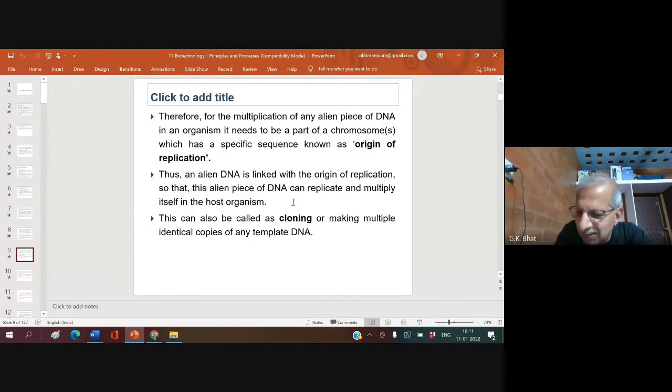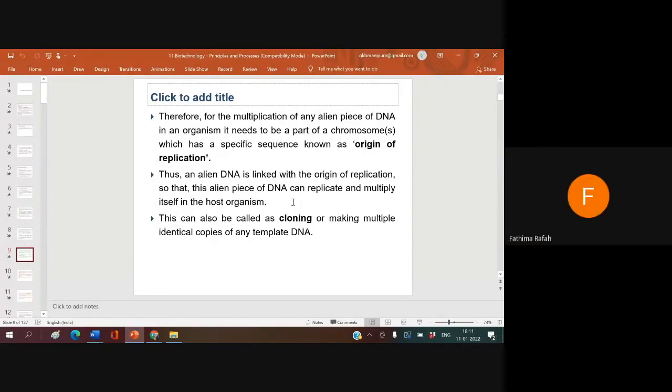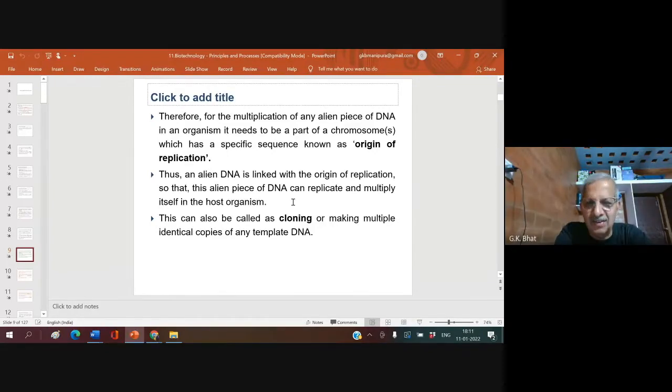Who said it? Rafa. Desired gene. So desired gene, alien piece of DNA, template DNA, they are all one and the same.